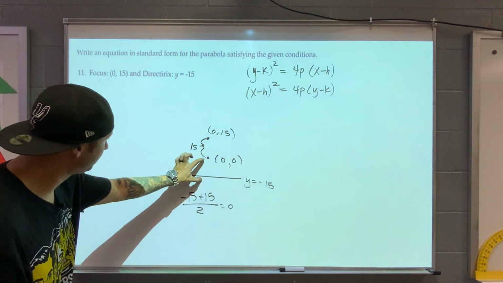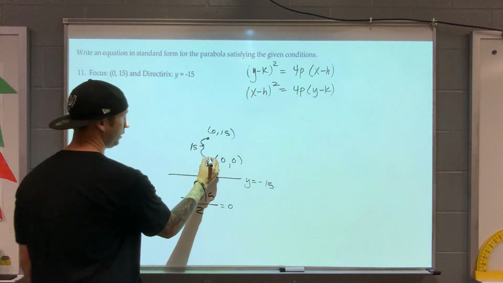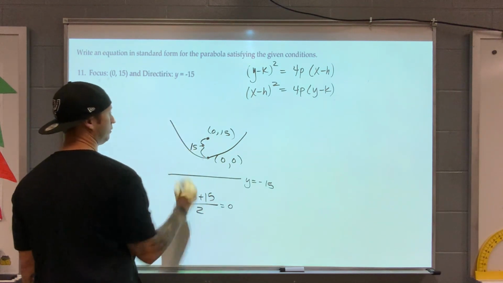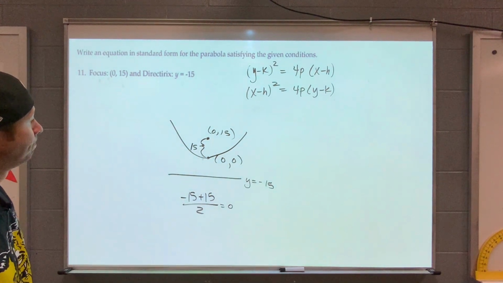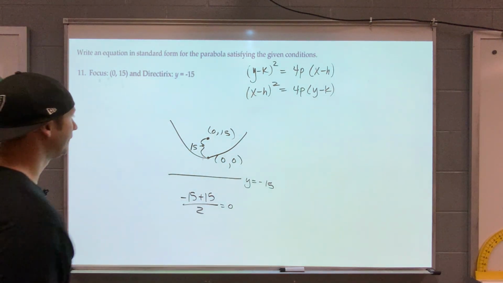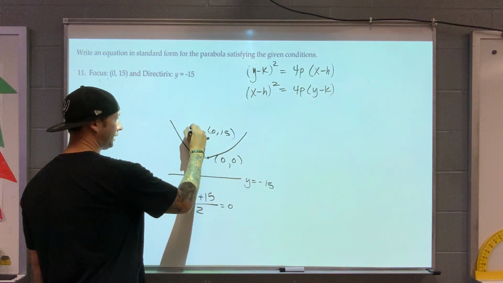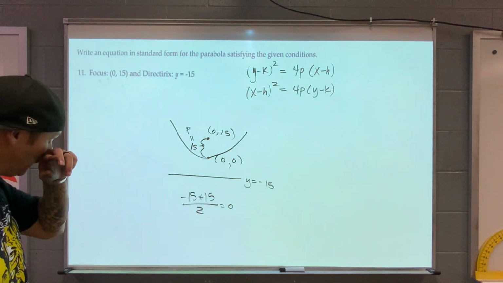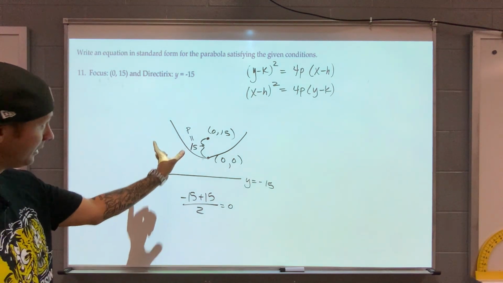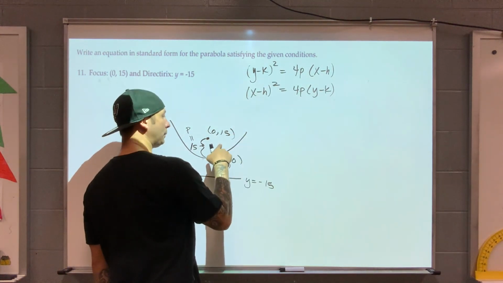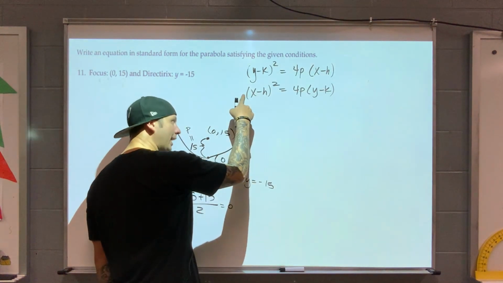Right, because this distance is 15 also. So it's going to open like that. Okay, I think we have all the pieces we need, right? That distance is 15. P is 15. It's going to be positive, opens up. So because it opens up, the x gets the square.